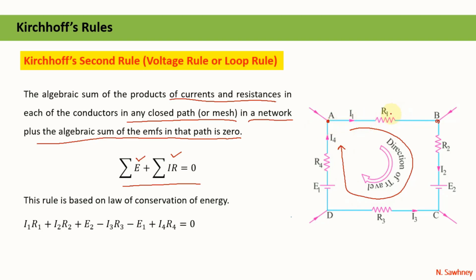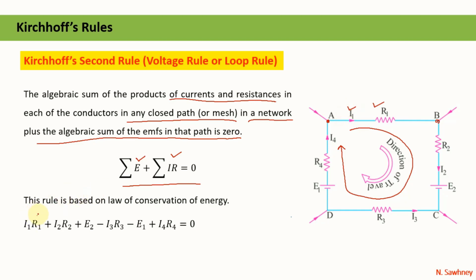From A to B, there is only one resistor, that is R1. So as we have written the product of current and resistance, here we will write I1 R1. As we are traveling in the same direction as the direction of the current marked, we will consider the sign of current I1 as positive.